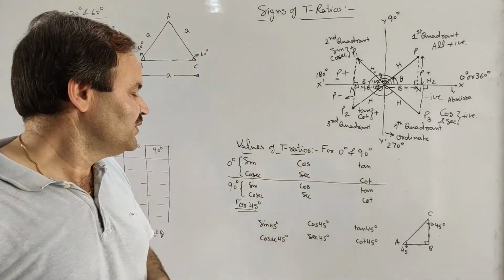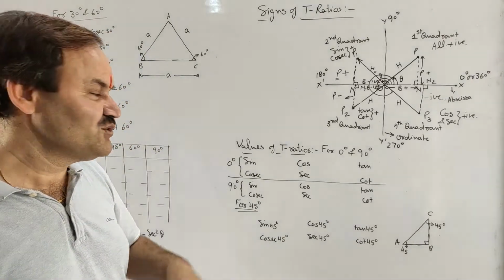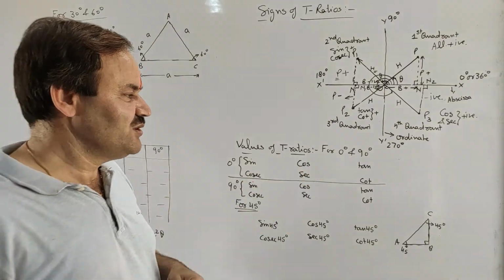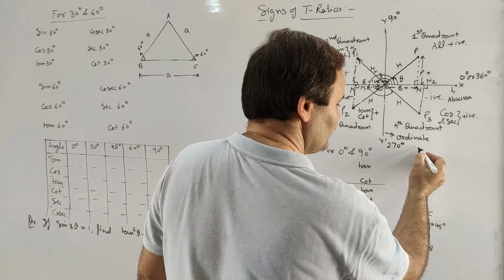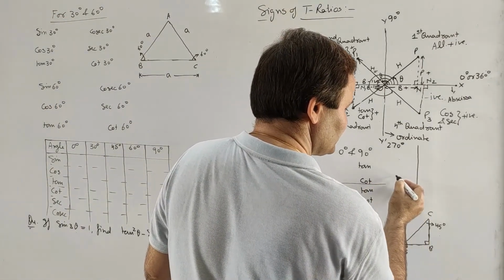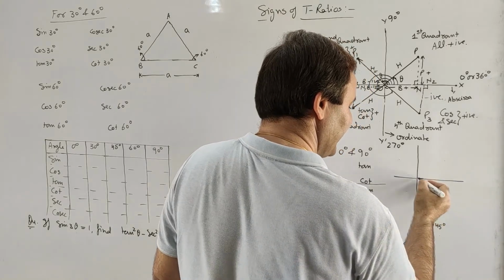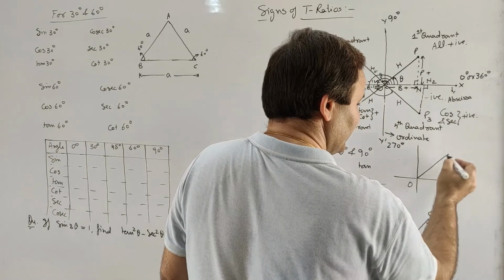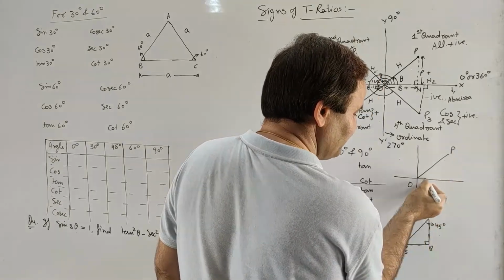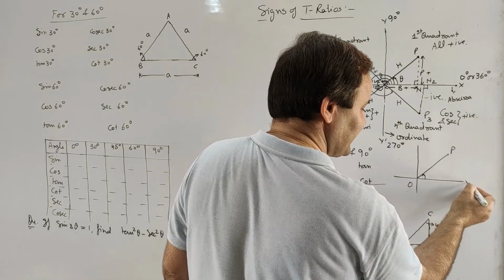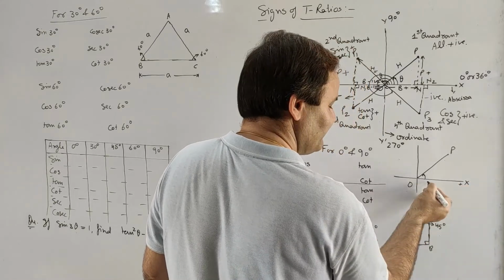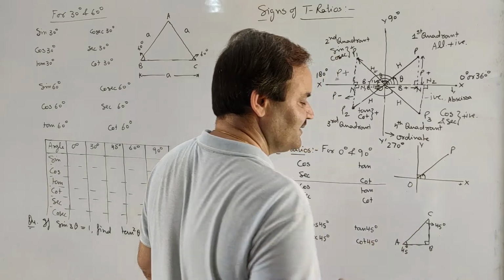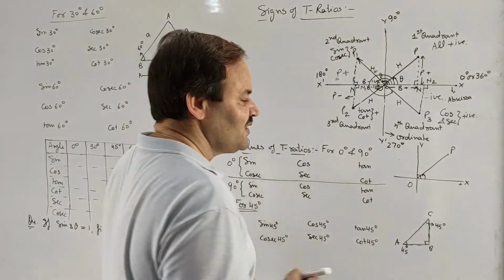Now we come to the values of T ratios for 0 degree and 90 degree. In order to find the values of T ratios for 0 and 90 degree, we are again considering the rotating line OP. The angle made by the line with the positive x-axis will vary from 0 to 90 degree, that is in the first quadrant.